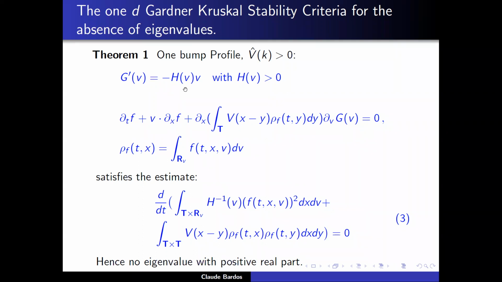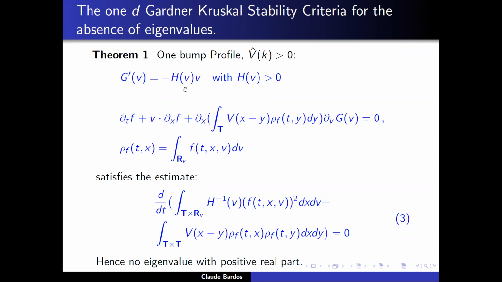You can take even a more general potential, V of x minus y. It's not an issue, but then you make the hypothesis that G prime of V is equal to minus H of V, where H of V is just a positive function.